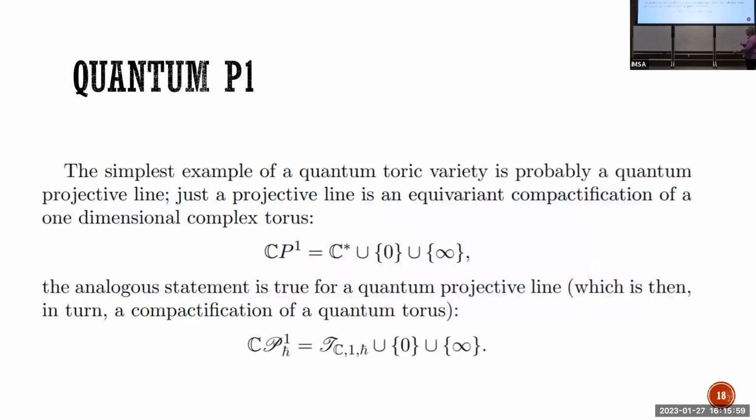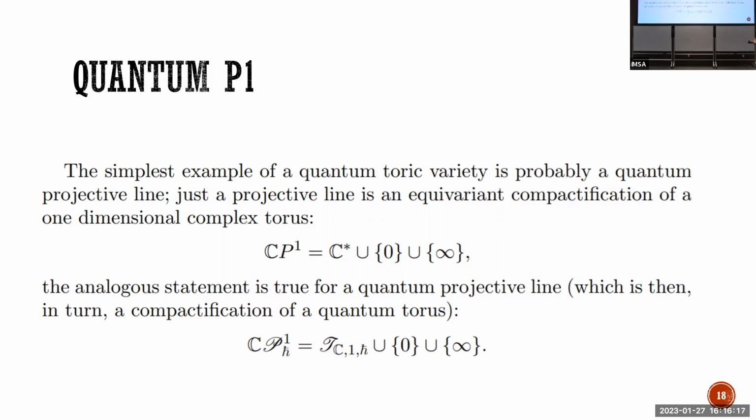Now I'm going to be a little bit unrigorous, and I'm just going to heuristically define quantum CP1, and I'll do it better later. Just bear with me. So CP1 is equal to C star union 0 and infinity.